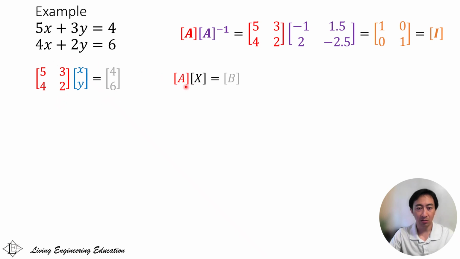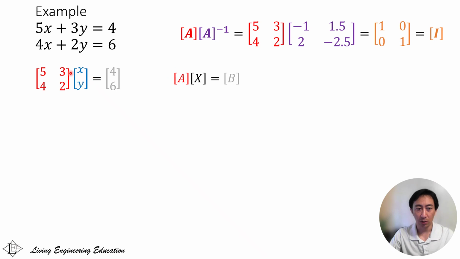So the way I can rewrite it is in this form right here. The matrix A, which contains the coefficients in front of my unknown variables x and y, multiplied by, I use capital X to represent the vector that contains x and y here, right? The vector of my unknowns is equal to, I call this my B vector or B matrix, which are all the constants, right?